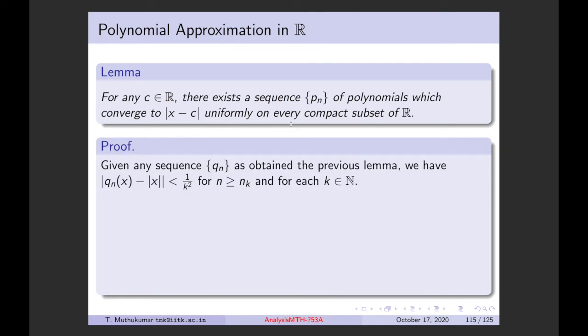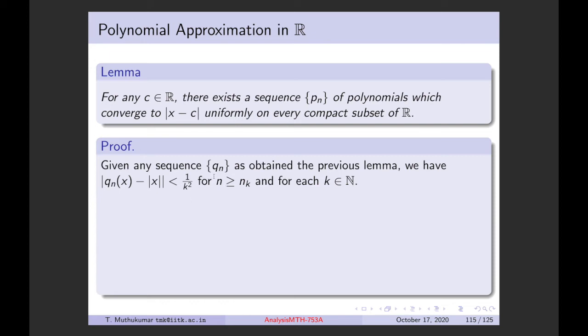The proof is that you take the sequence that we obtained in the previous lemma. Since we are going to call the new sequence that we obtain in this lemma Pn, whatever we called Pn in the previous lemma, let's call it Qn. So we have positive, monotonically decreasing polynomials which converge uniformly to mod x.